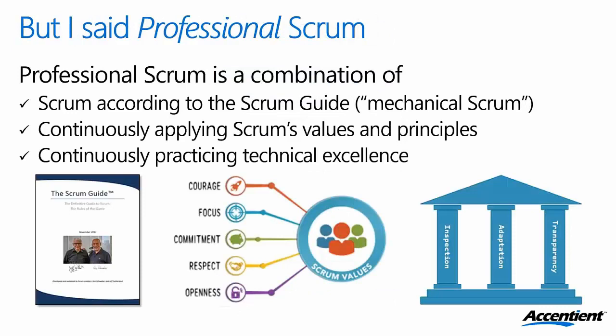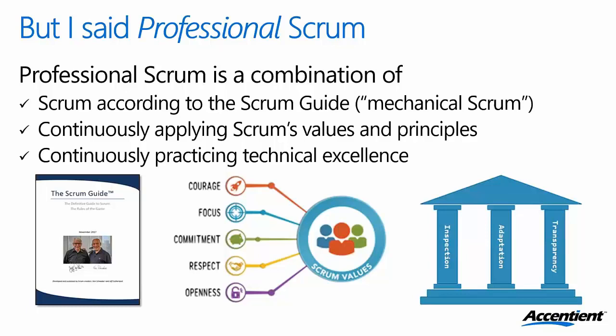But I said Professional Scrum here, not just Scrum. There's lots of Scrum in the world, and it's not all professional Scrum. Professional Scrum is defined as, yes, Scrum according to the Scrum Guide, mechanical Scrum, doing the events, having the roles, using the artifacts. But also, number 2 here is continuously applying Scrum's values and principles: courage, focus, commitment, respect, and openness.